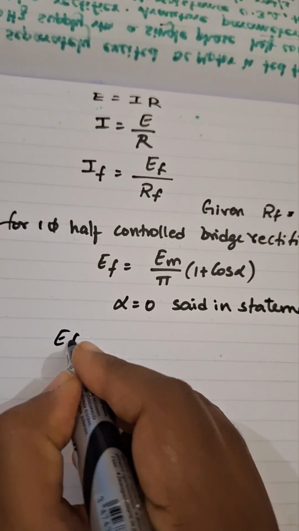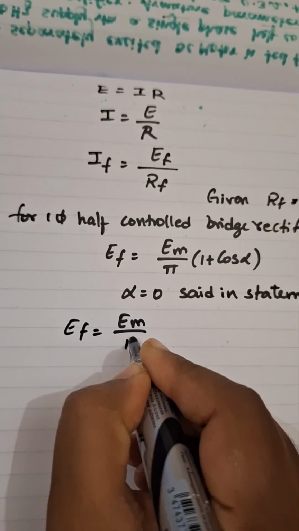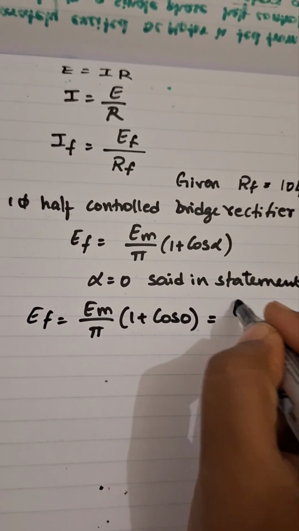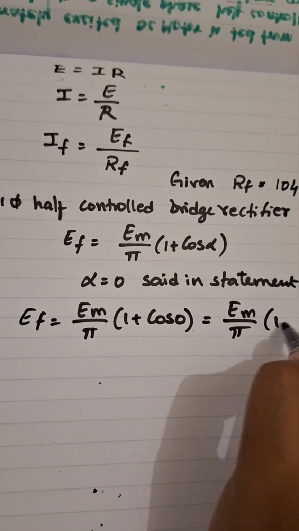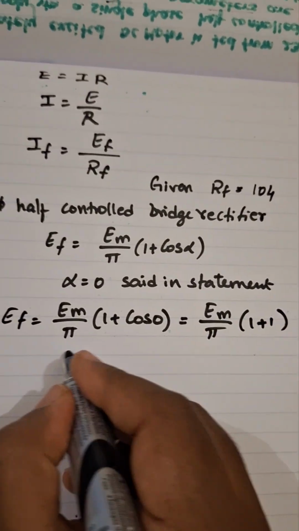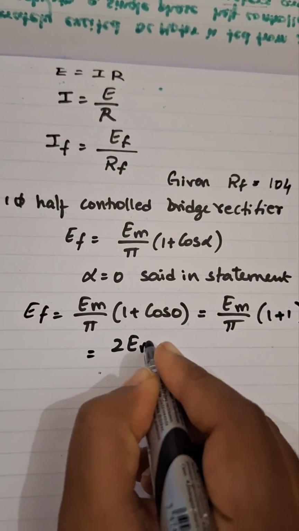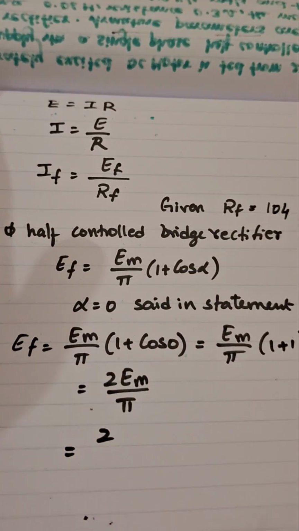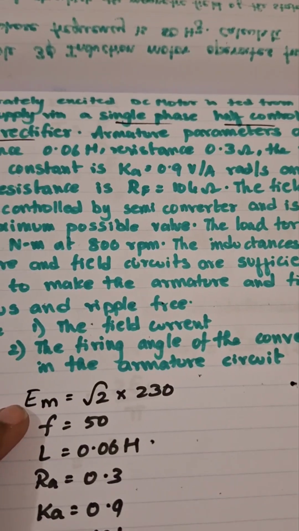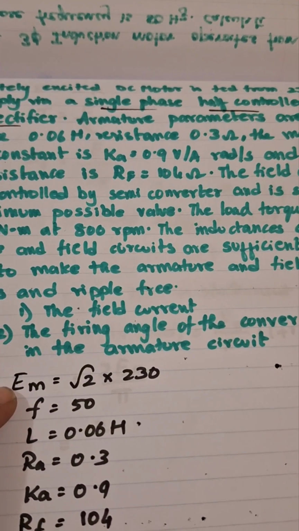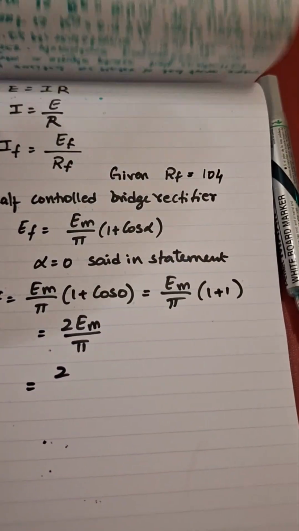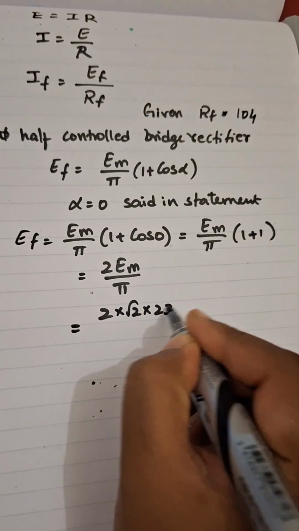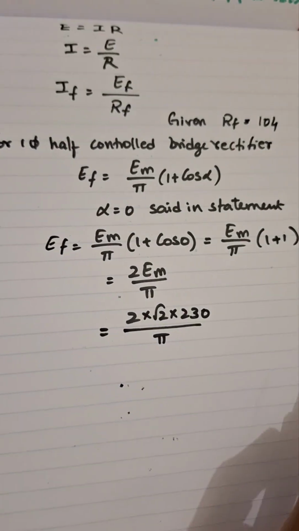Therefore EF is equal to EM by pi into 1 plus cos 0. Cos 0 is 1. So EM by pi into 1 plus 1, and 1 plus 1 is 2. So this is equal to 2 EM by pi. But what is EM? Initially we said EM is root 2 times 230, as it is a separately excited motor fed from a single phase half control rectifier. So I will say root 2 times 230 divided by pi.